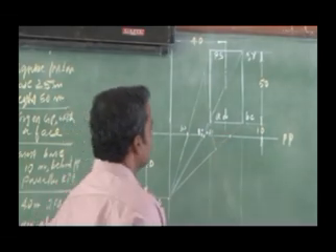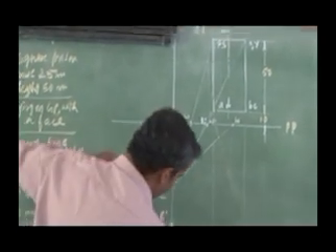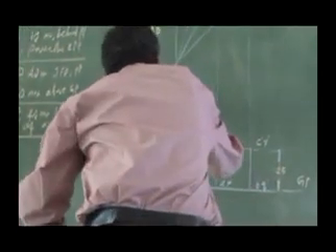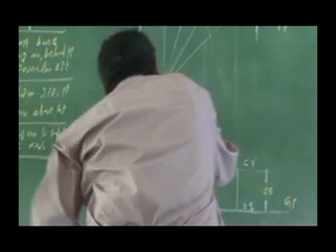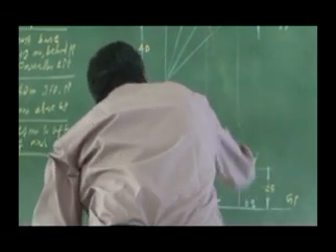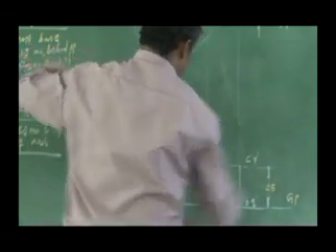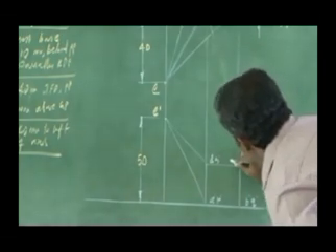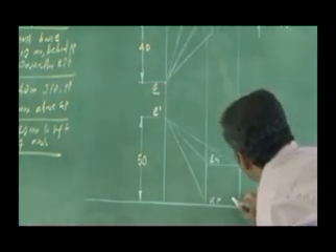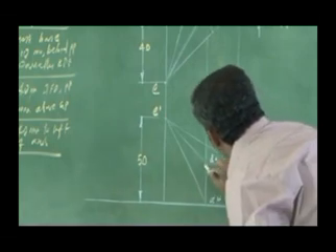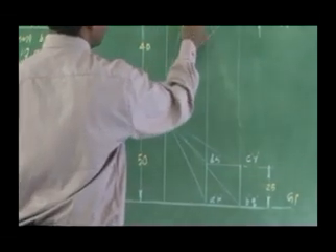Now you draw the visual rays from the front view and get the perspective locations.